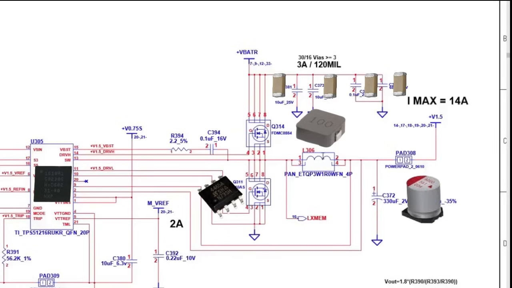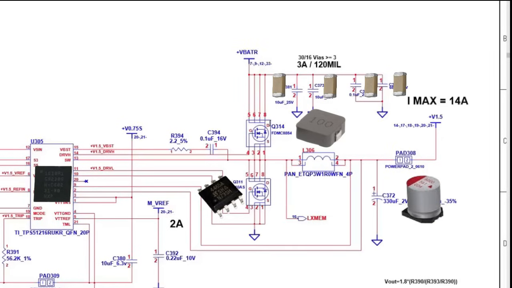If the short is in this part here, you will not find a short between the inductor and the ground because you isolated the shorted part. So if you remove this MOSFET and the short disappears, means you have a problem in one of these ceramic capacitors or in the VBAT power rail, meaning the charge circuit.